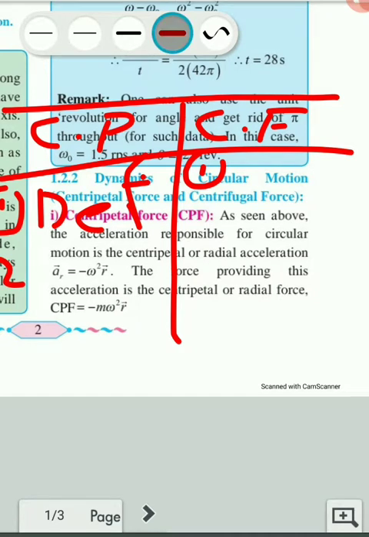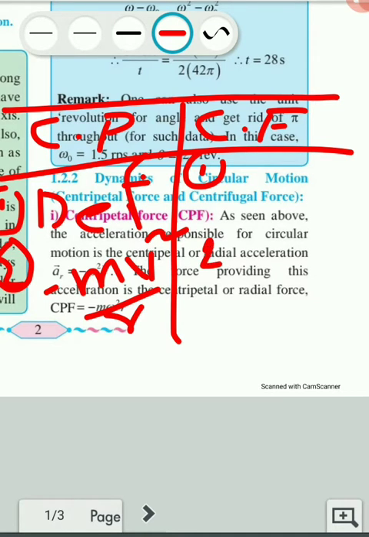Second point is the magnitude of centripetal force. We know that centripetal force has magnitude minus mv square by r, and centrifugal force has magnitude plus mv square by r.